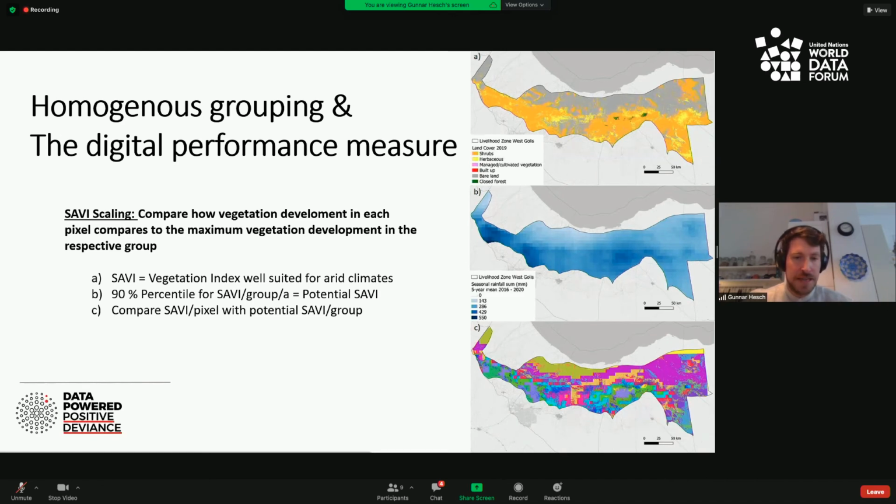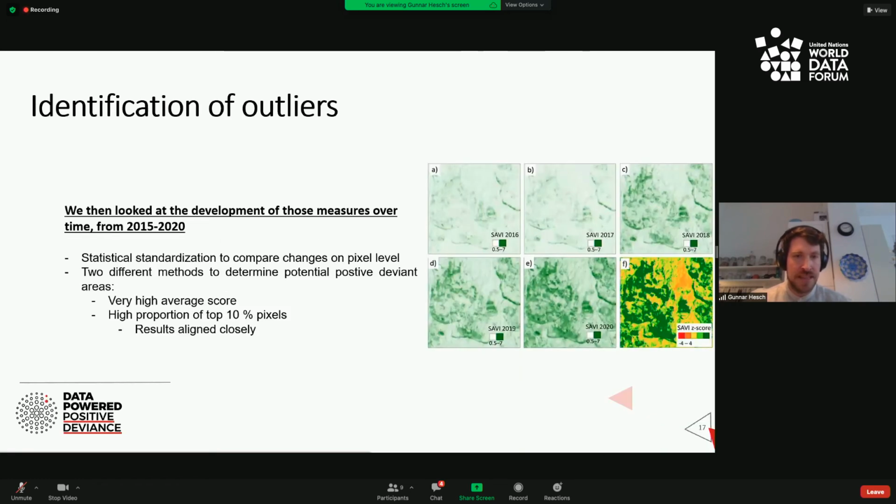We now took the maximum measured vegetation index per group per year and compared each pixel in this group with this maximum value. This method is called SAVI scaling, SAVI being the index, and allows us to see how a pixel performed within its own group. And we did this once for each year between 2015 and 2020.